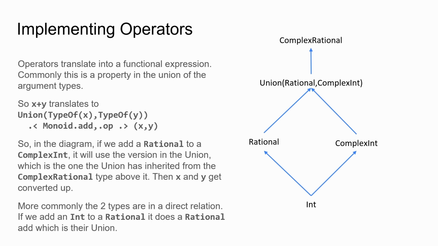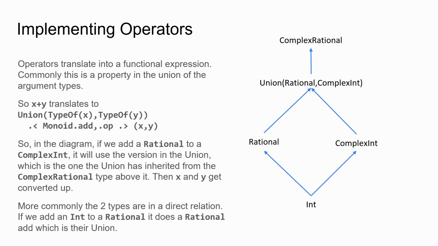So we get the complex rational add, and then if X is rational, it converts up to complex rational. If Y is complex integer, it converts up to complex rational, and then the addition can take place up there.